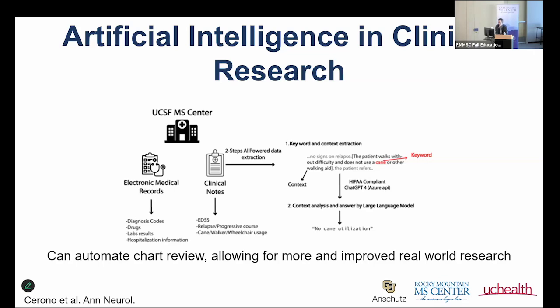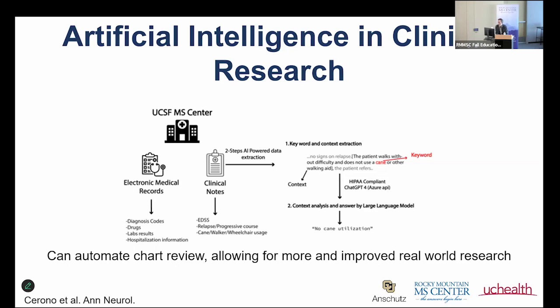So this is from the UCSF MS Center in San Francisco. This is one of the earlier studies that I think has been really helpful from this standpoint. And this basically allowed, I think, one person to write an AI program and then validate it with some other folks in order to review hundreds to thousands of charts with the computer system.